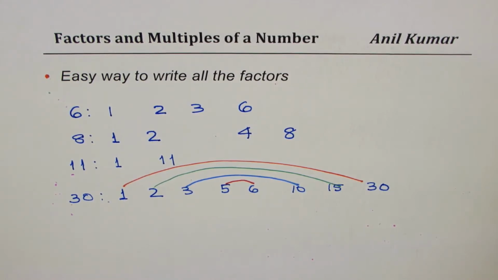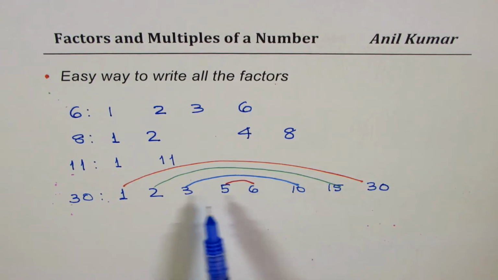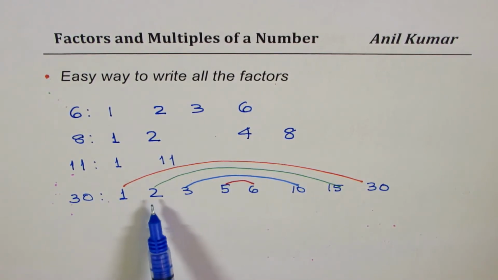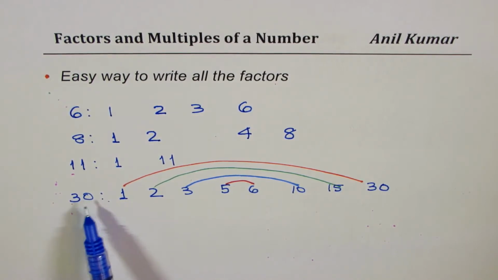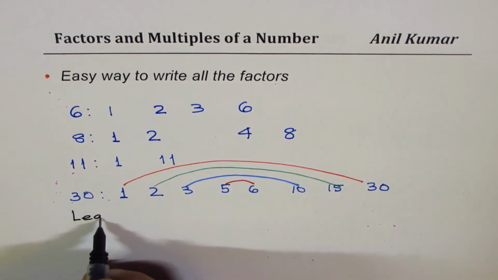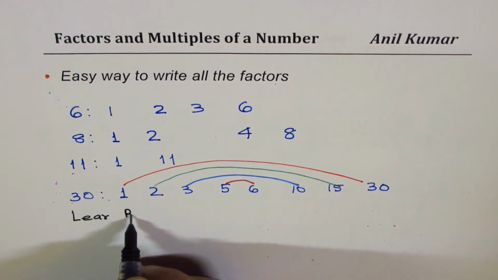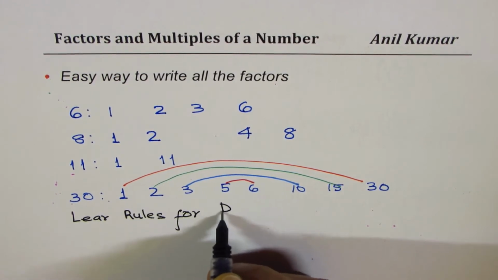Now this is a very easy way of finding factors. Start with 1 and the number itself and then converge, right? If they are even numbers, try 2. If the sum of the digits is divisible by 3, then 3 is a factor. If the sum is divisible by 9, 9 is a factor, correct? You should learn the divisibility rules. So I'll write here, learn rules for divisibility.